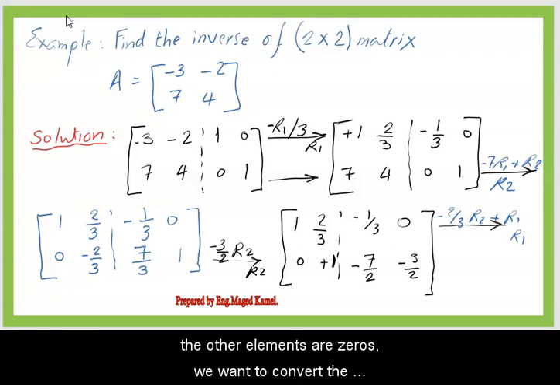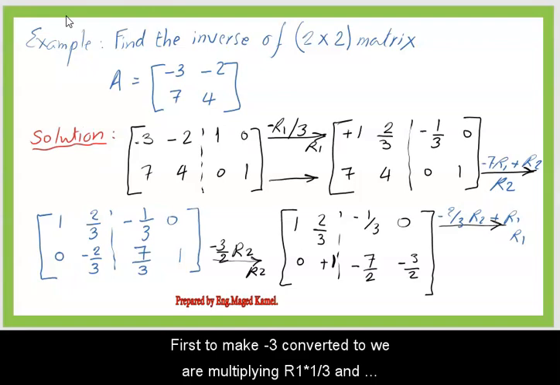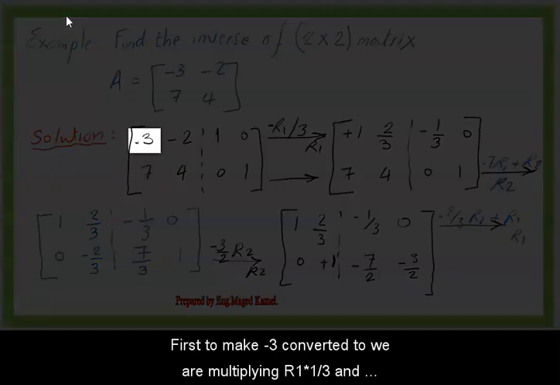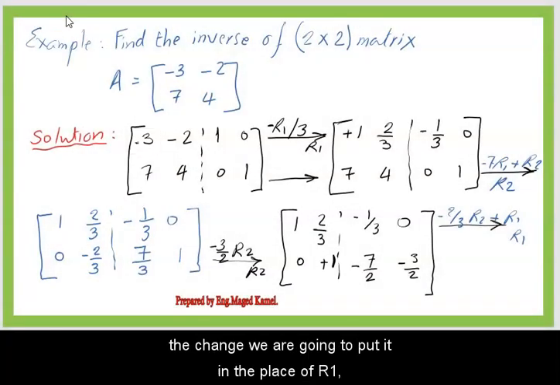We want to convert the left-hand side into the identity matrix, 1, 0, 0, 1. How can this be done? First, to make the -3 converted to 1, we multiply R1 by -1 over 3, and we place the change in the place of R1.